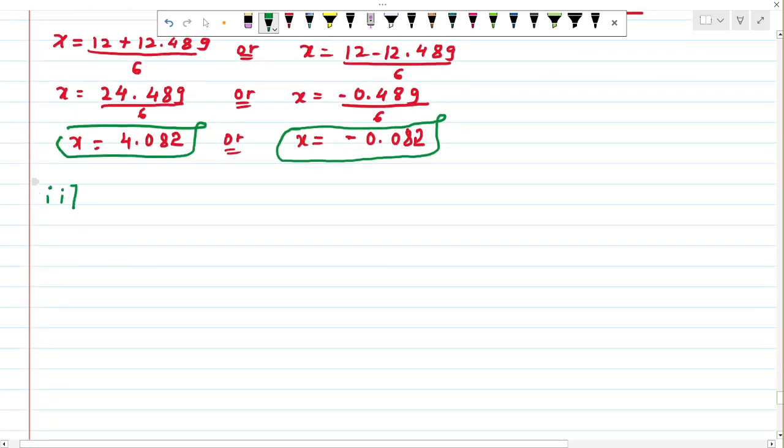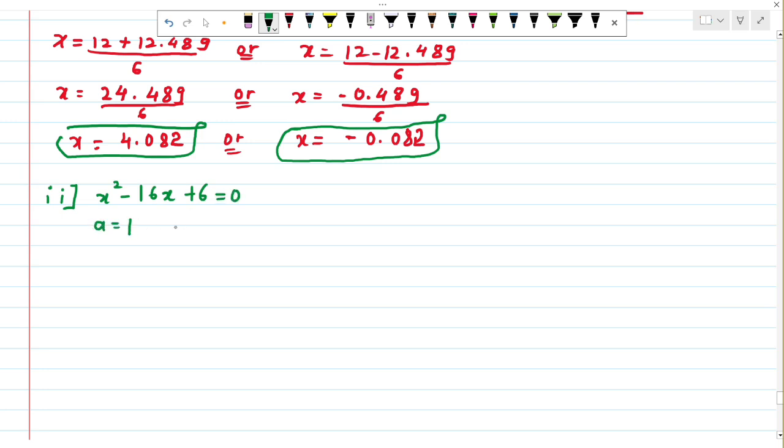The second question they have given here is x square minus 16x plus 6 equals 0. So we will write the value of a as 1, b as minus 16 and c as 6.